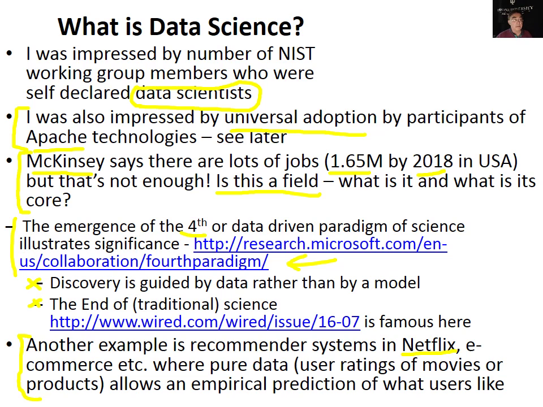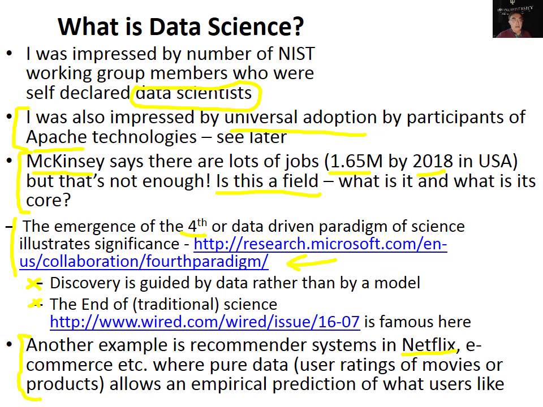You don't make a model of a user. You look at what they want, compare them with other users who have similar likes, and look at what the other users looked at. You then say this one user is going to look like these other users and what they like.